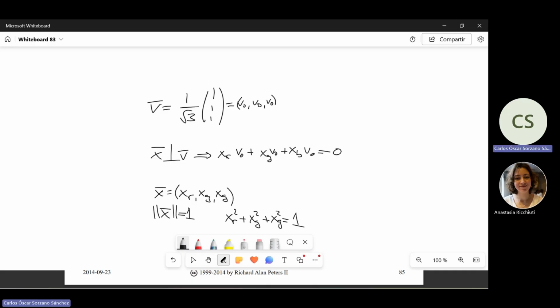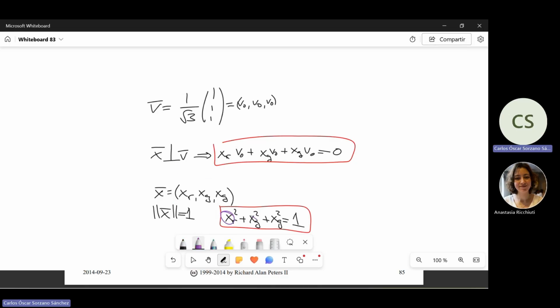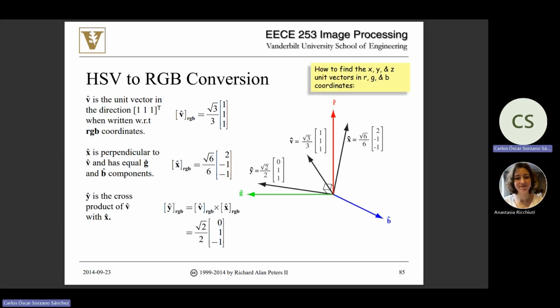Here you have two equations with two unknowns, x red and x green. So you solve for them, and this is the solution. And once we know b and x, you simply multiply, and you have y.